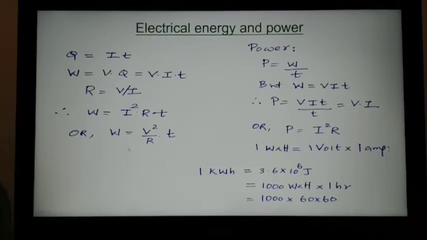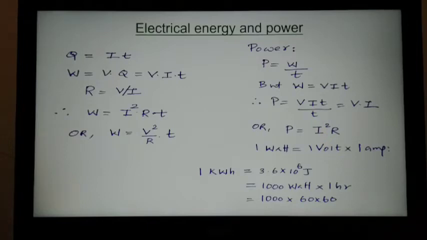What is this W? It is the work required to move charges through that conductor. Whenever work is done, that will be stored as energy. So this work done is known as electrical energy. Electrical energy is given by W equal to I square R into t, or V square by R into t.